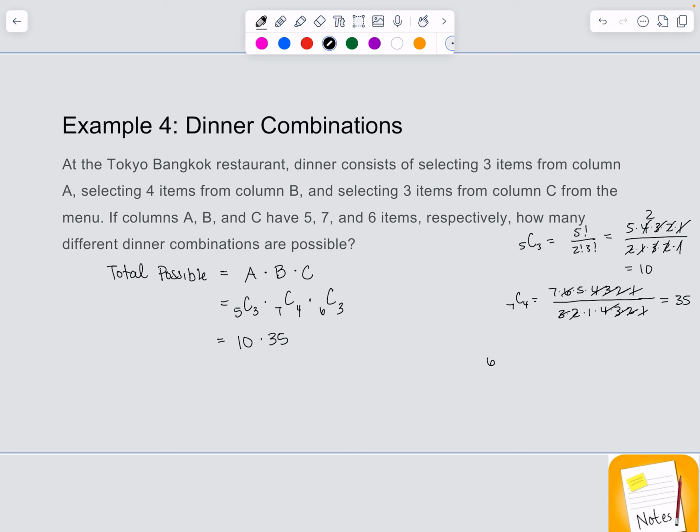Then we have 6 choose 3. 3 times 2 is 6. 5 times 4 is 20. And we multiply 10 times 20 times 35, we'll get 7,000 different dinner options.